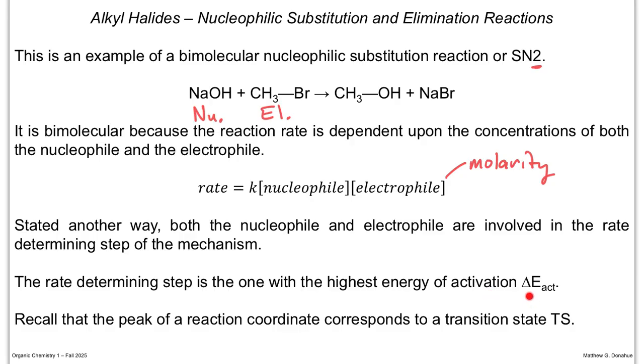But the energy of activation is basically the highest point on that curve that has to be overcome for the rest of the mechanism to proceed. For an SN2 reaction, that corresponds to a transition state, which again is a real thing, but it only exists for a very small amount of time.